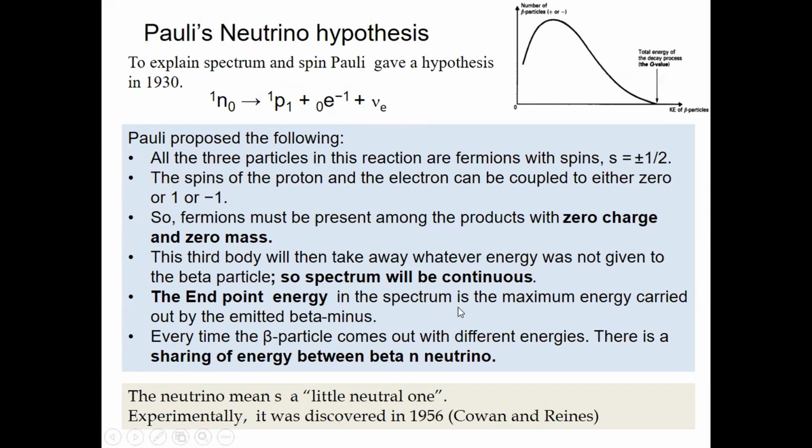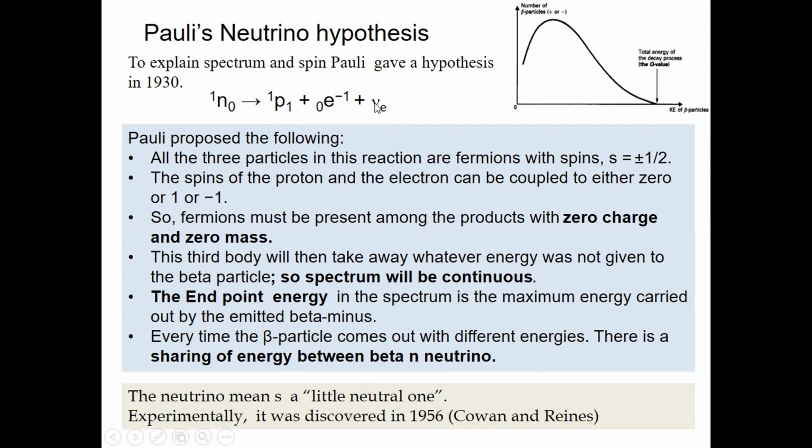The endpoint energy in the spectrum is the maximum energy that can be carried out by the beta particle with a minimum possible energy given to the neutrino. Every time the beta particle comes out with a different energy, there is a sharing of energy between the beta particle and the neutrino. The neutrino name means a little neutral one, because it does not have any charge.